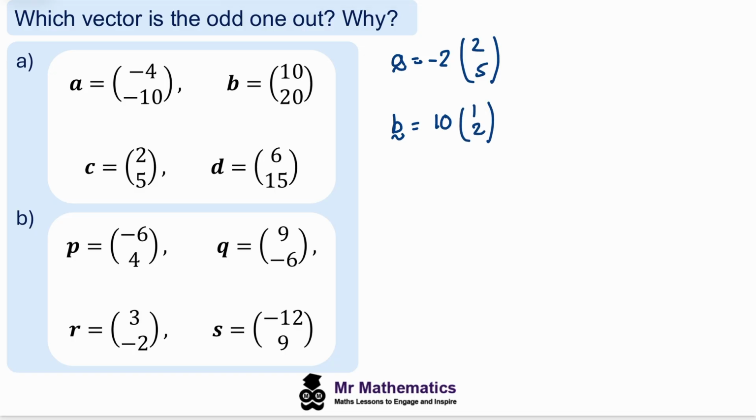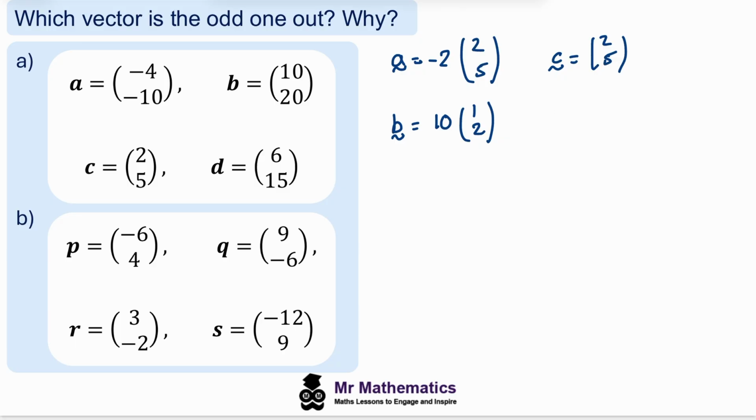So we can see immediately that vector A and vector B will not be parallel to each other, because these 2 vectors have a different direction. If we look at vector C, we can see that 2 and 5 share no common factors other than 1, so that's already in its simplest form. And then you can see that this is parallel to vector A. Even though vector A is a different scalar, the 2 directions run parallel to each other.